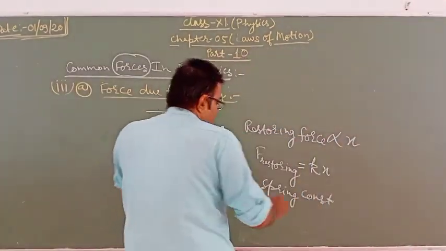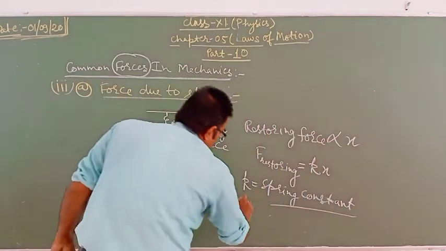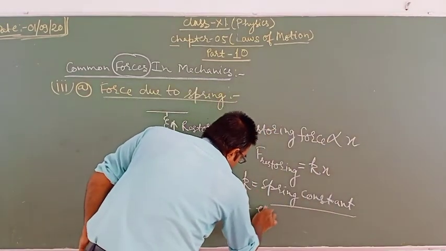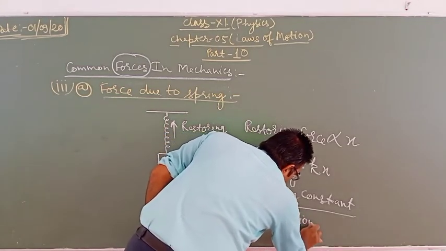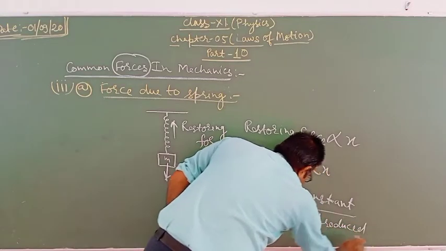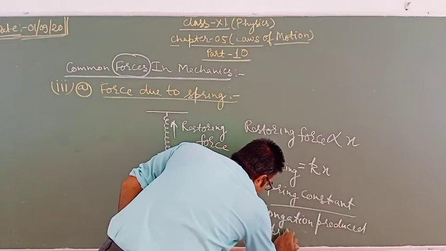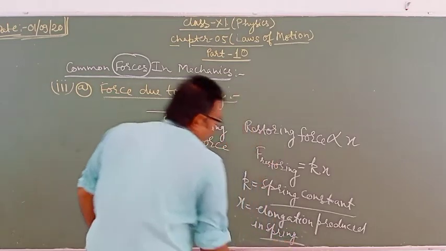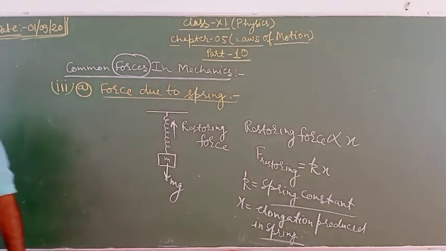K is called the spring constant, and X is the elongation produced in the spring.